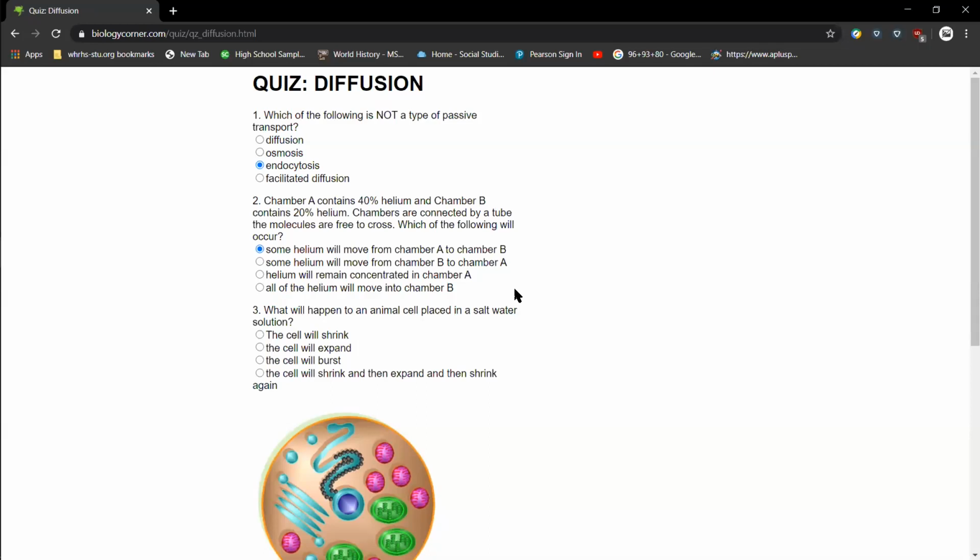Okay, what will happen to an animal cell placed in a saltwater solution?